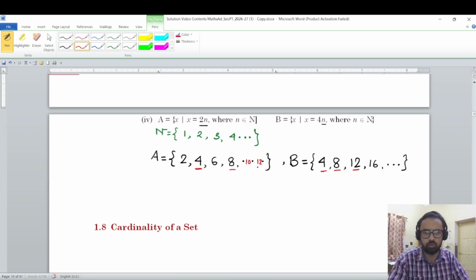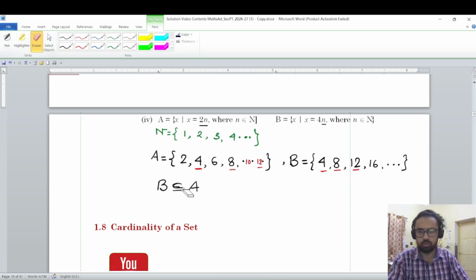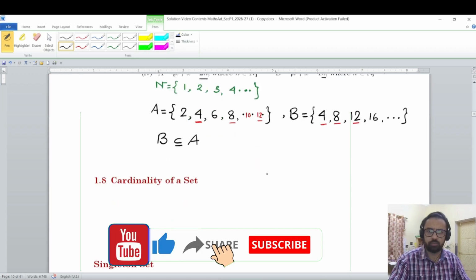Similarly, 16 will also be there. So we have seen that all the elements of B are available in A. What will be your conclusion? B is a subset of A, or you can write proper subset. As the question asks us to use this symbol, we will use the symbol of subset. I hope you understand the concept of subset.